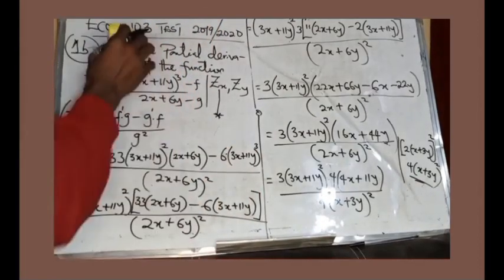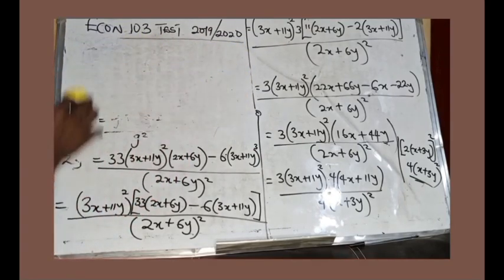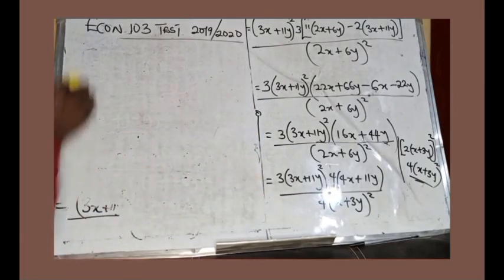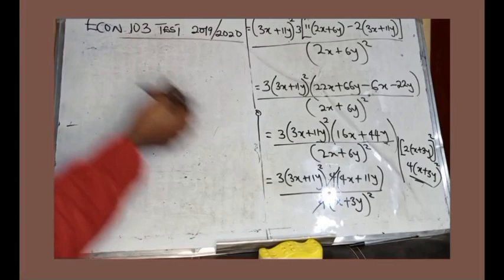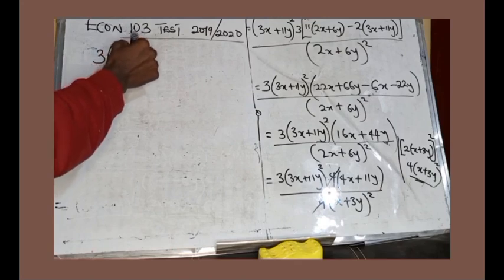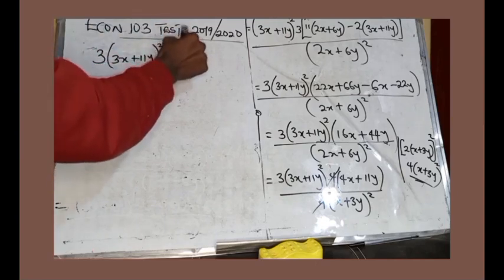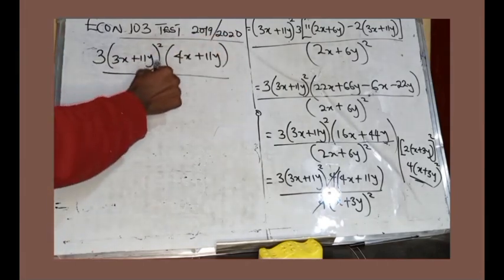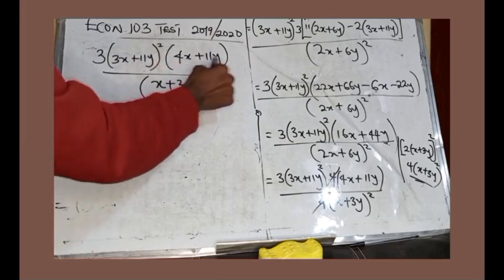So guys, let me wipe off this place. Finally, you see this 4 here can cancel this 4, and I have it to be 3x plus 11y all square, 4x plus 11y, then all divided by x plus 3y square.